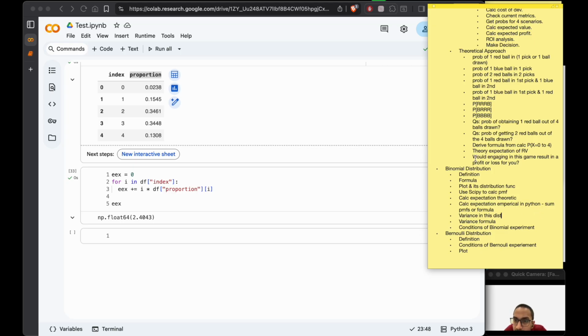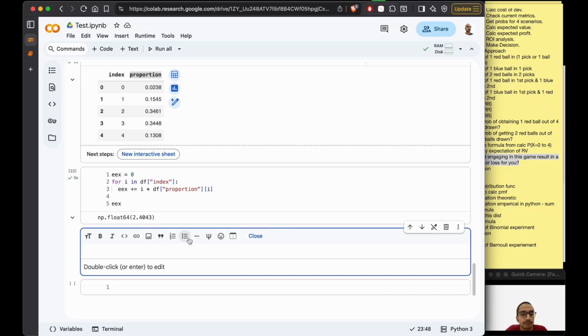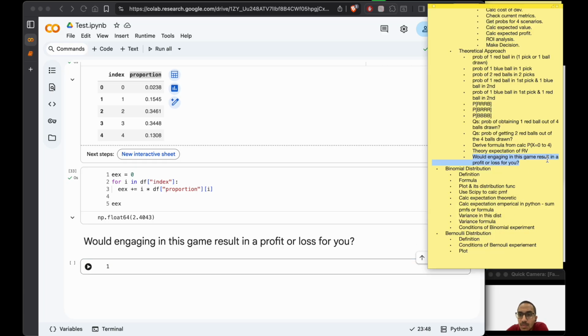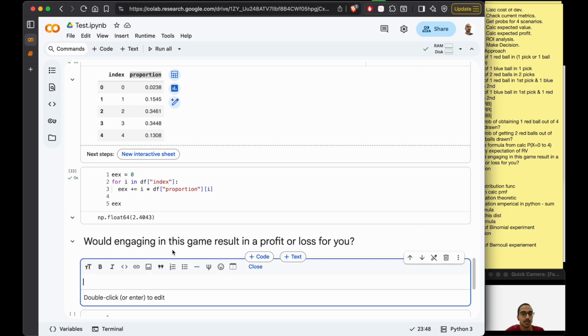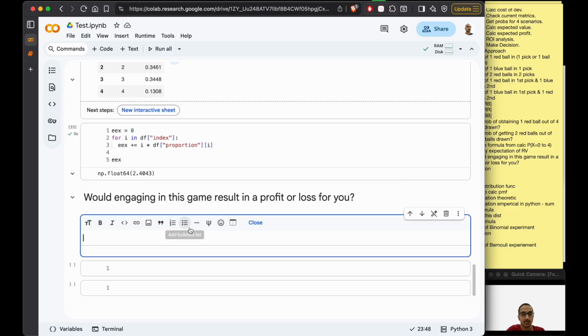So the question basically is asking, would engaging in this game result in profit or loss, right? So how do we calculate this? We'll look at this from the monetary perspective. So what is the win scenario?